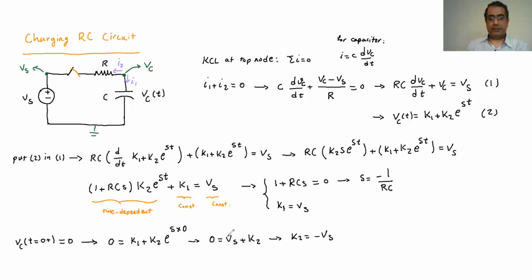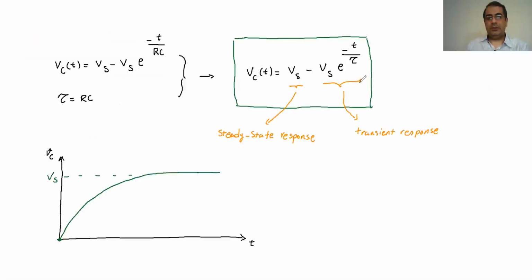We substitute in that, and it gives us the K2 values. And when we have the K2 values, we can substitute, and eventually this is going to be our solution. What we have here is the solution that has two parts. It has a steady state part and a time dependent part.